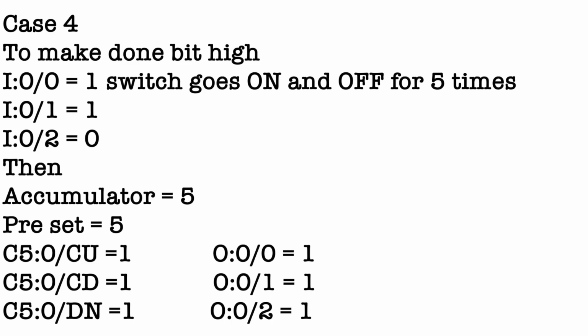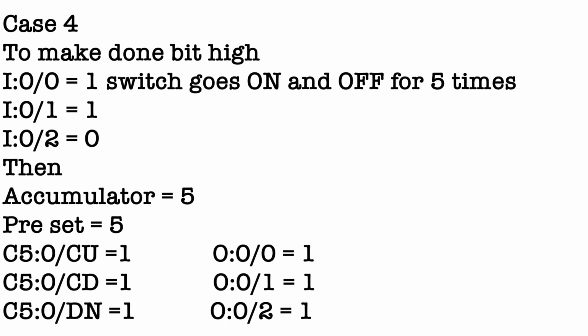That's why the first counter, that is the up counter CU bit, goes 1, and at the same time the down counter CD bit is also 1, and when the accumulator is equal to the preset, my up counter provides the done bit. That's why the done bit of the counter, that is C5:0/DN, goes high.